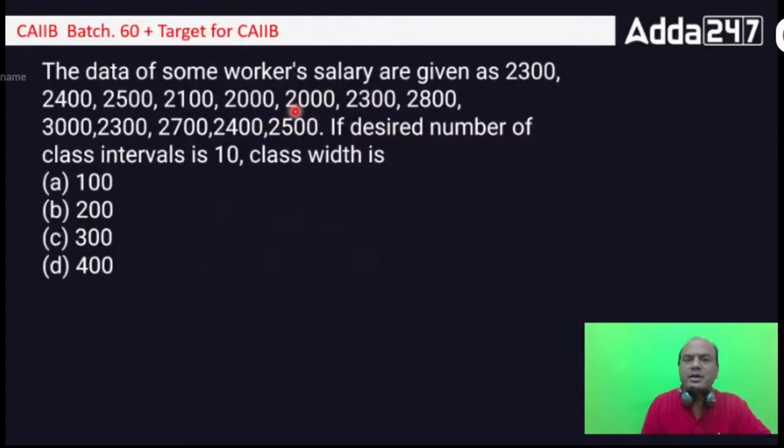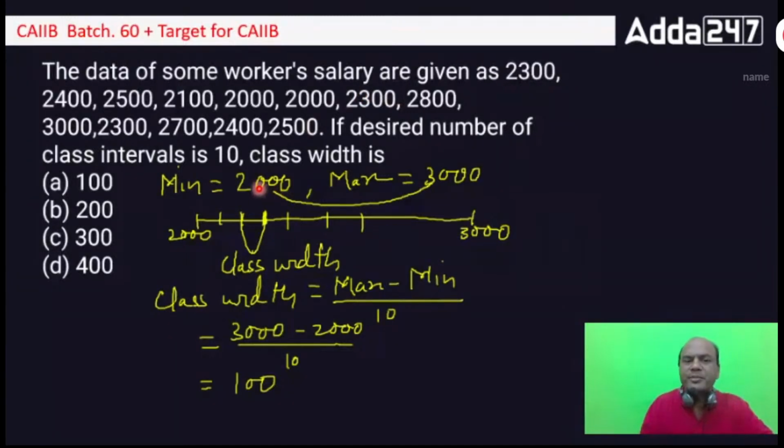And the highest number is 3000. So it is highest minus lowest, divided by the number of intervals I want. I want 10 class intervals. So minimum is 2000, maximum is 3000.